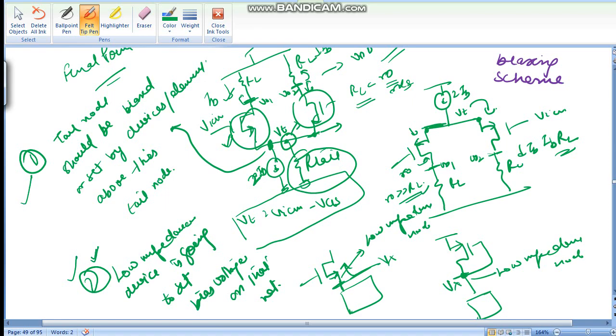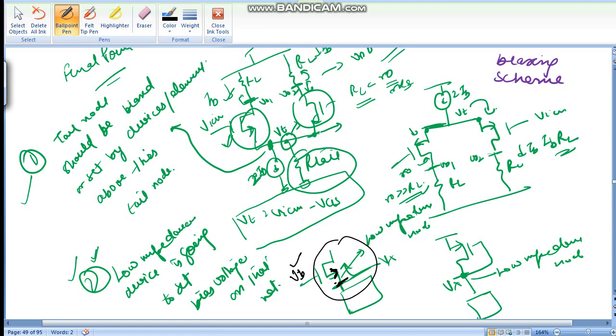If a circuit consists of this kind of structure, then the source node, with some VB voltage here, sets and biases Vx, or you can say VB minus VGS.